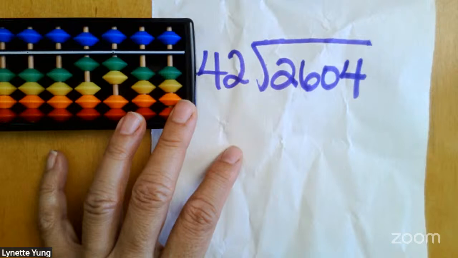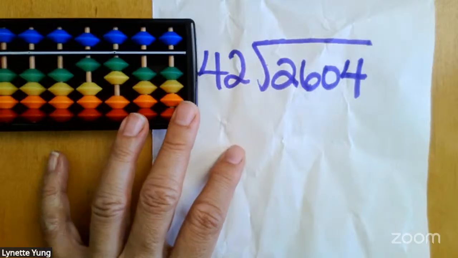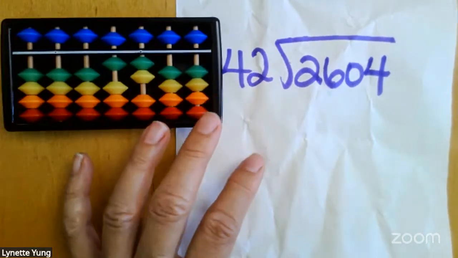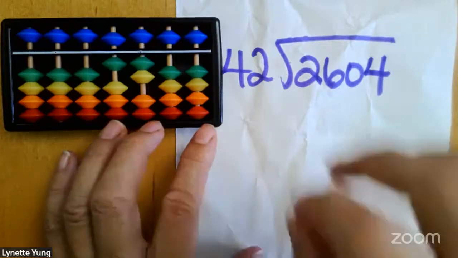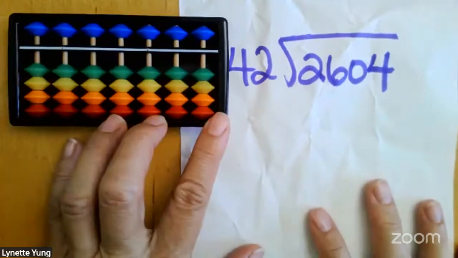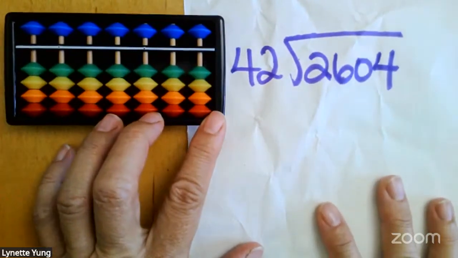But this problem here, the 2604 being divided by 42, and 42 is the divisor. I wrote it out like you've got it written out, because it makes more sense written out like that.